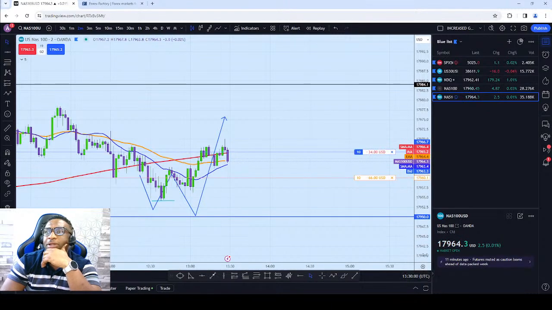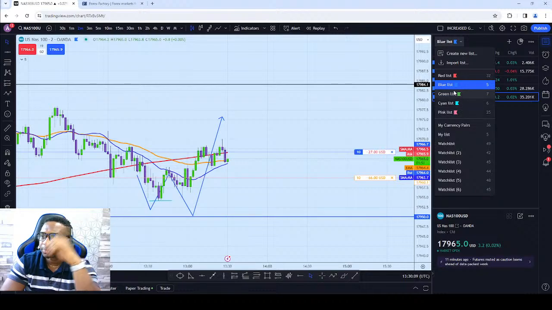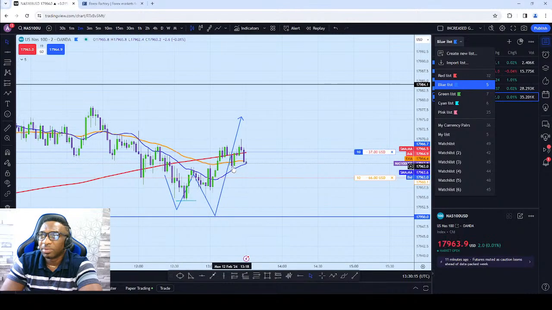Okay, we'll have a look at gold as well to see what's on there. So guys, I think what's happening here is a pullback, and price is still above the moving average anyway.